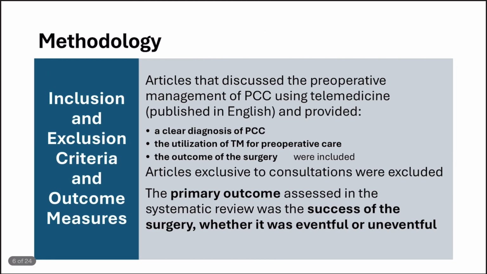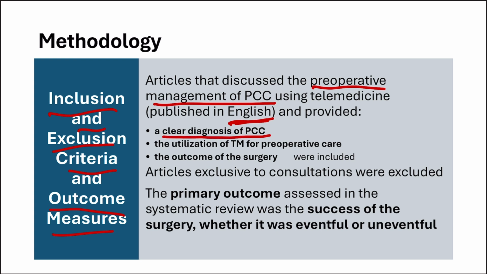Now coming to the inclusion and exclusion criteria in the systematic review: what sort of studies were included, what sort were excluded, and what the outcome measures were. Articles which discuss the preoperative management of pheochromocytoma using telemedicine and were published in English literature should be the first condition, and following that it should have a clear diagnosis of pheochromocytoma.